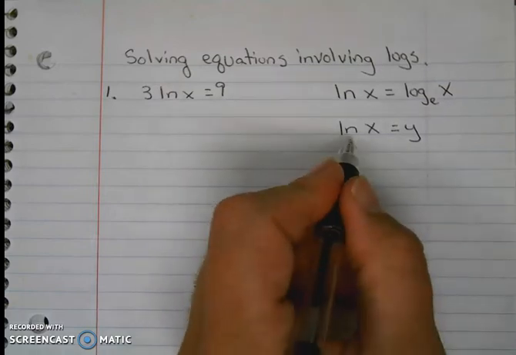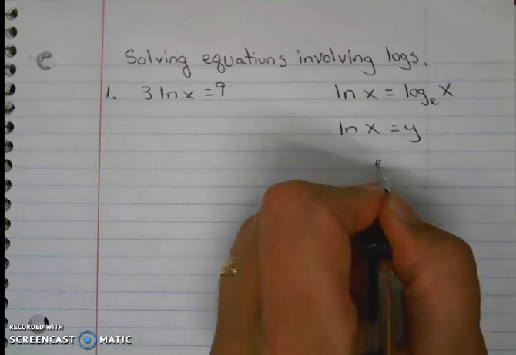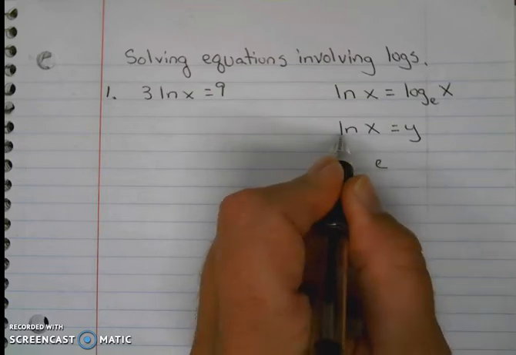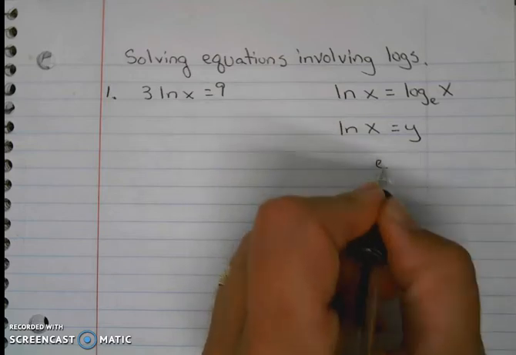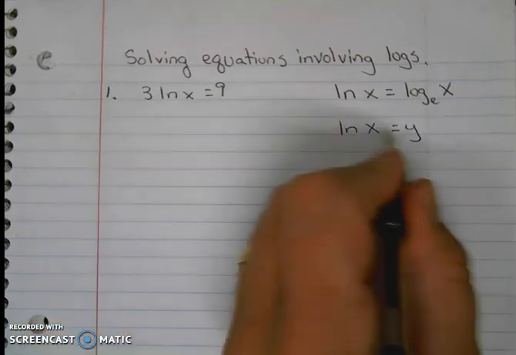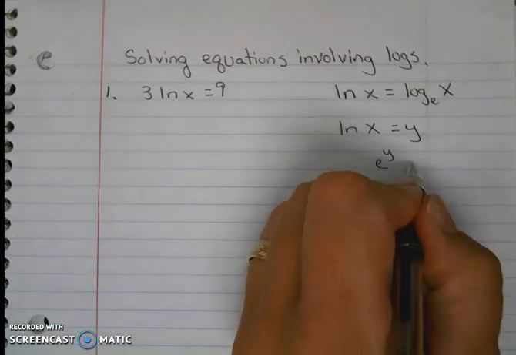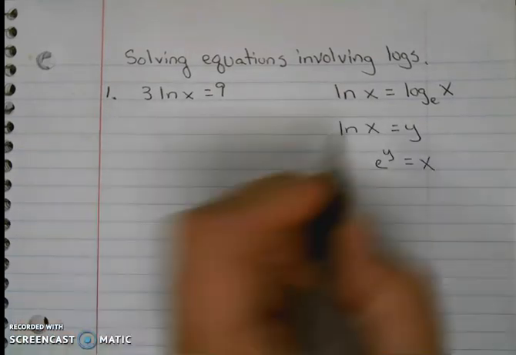So in order to convert this to exponential form, we start off with the base, which is e, because it's a natural log. Natural log always has base e. And then we're going to raise that to the exponent, which in this case is y. And we're going to set that equal to the argument, which is x. Okay?